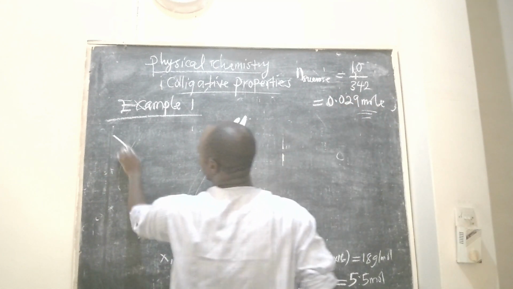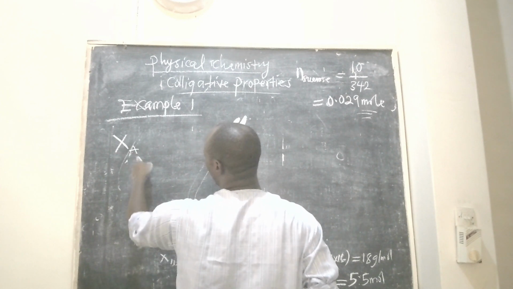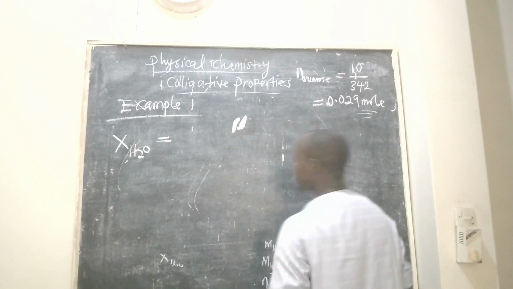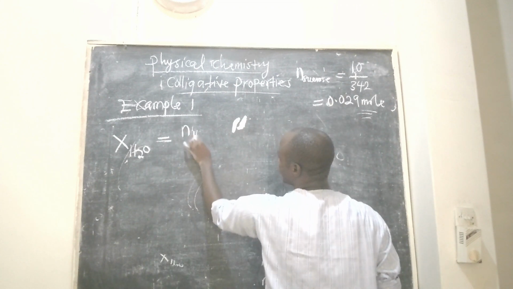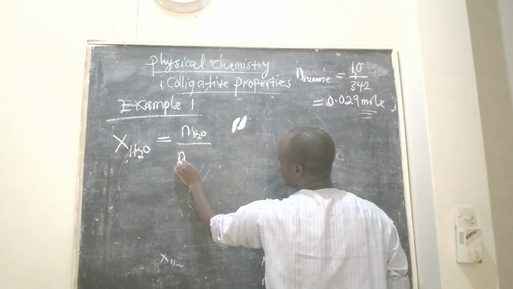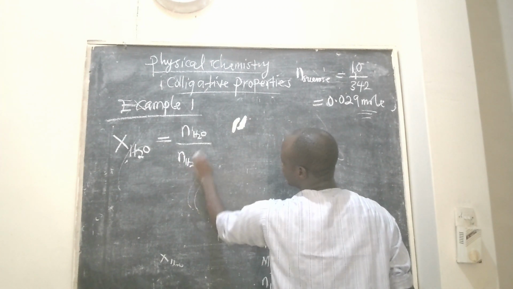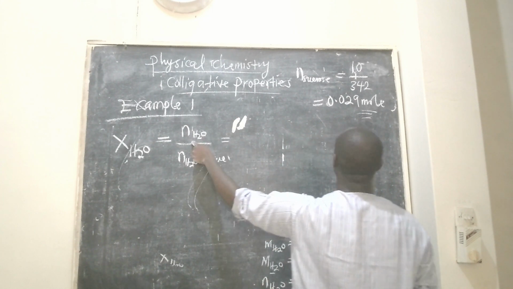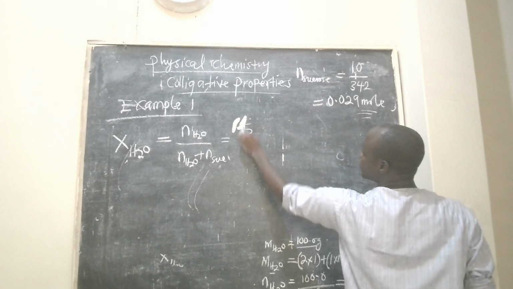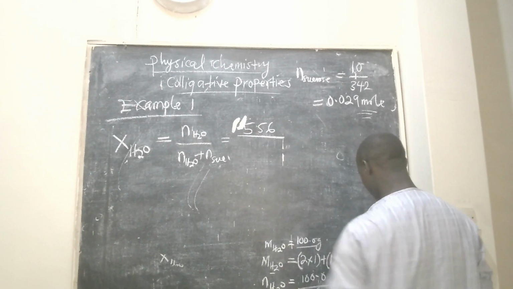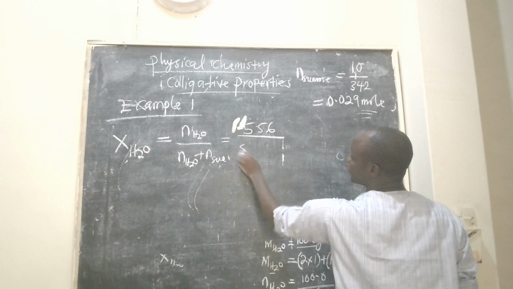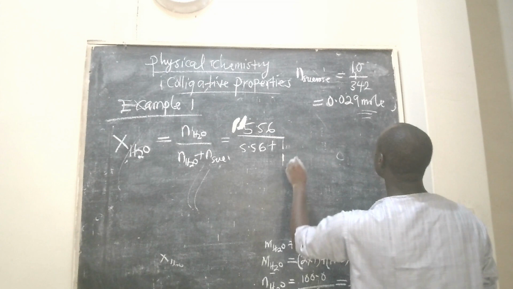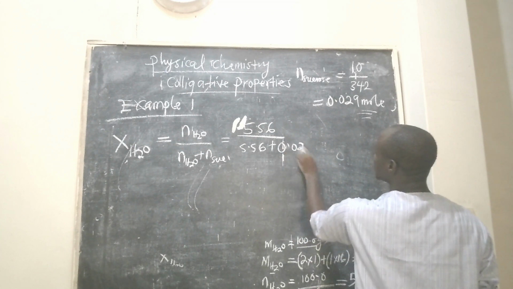So it means that now to calculate the mole fraction of water, we are going to say the number of moles of water divided by the number of moles of water plus the number of moles of sucrose. So the number of moles of water is 5.56, divided by 5.56 plus 0.029.